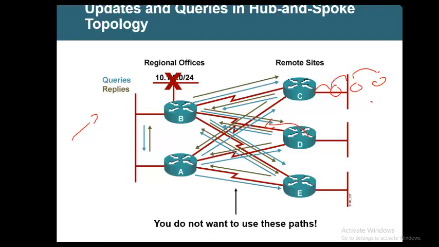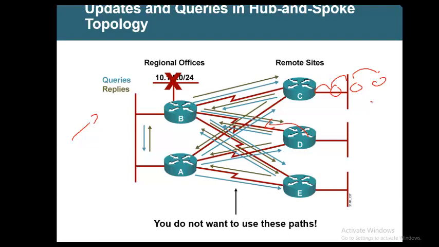So that anything within that limit, B will query. B will query only those things that are within that limit.